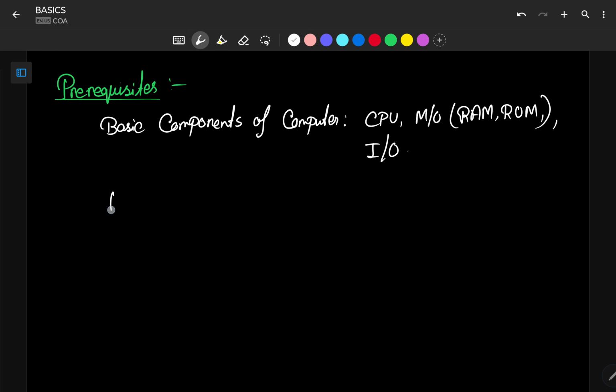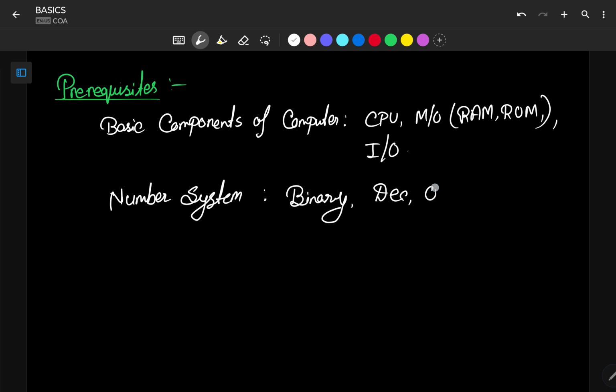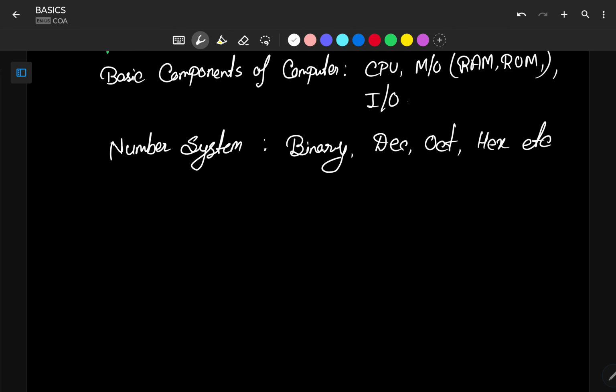Then comes number system. In number system there are also 4 types: binary, decimal, octal, and hexadecimal. And there are many number systems. Then comes digital logic.